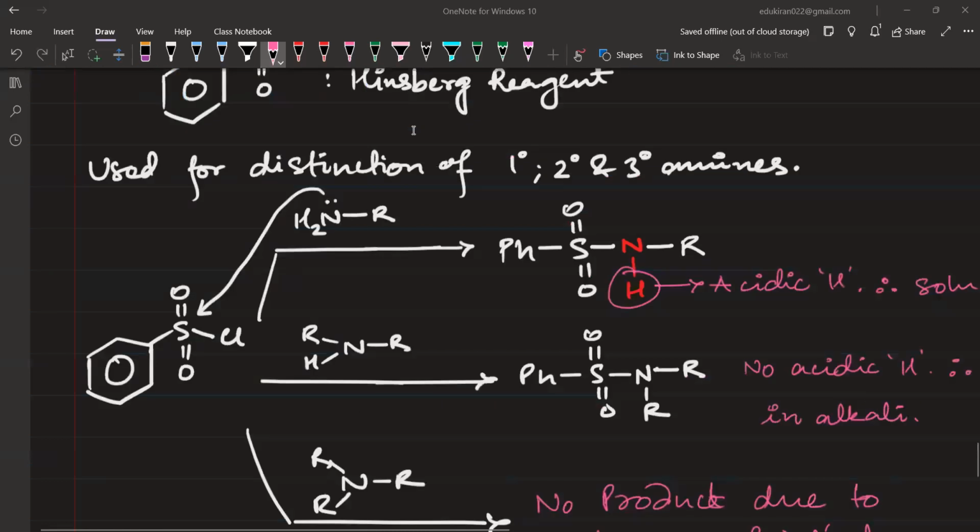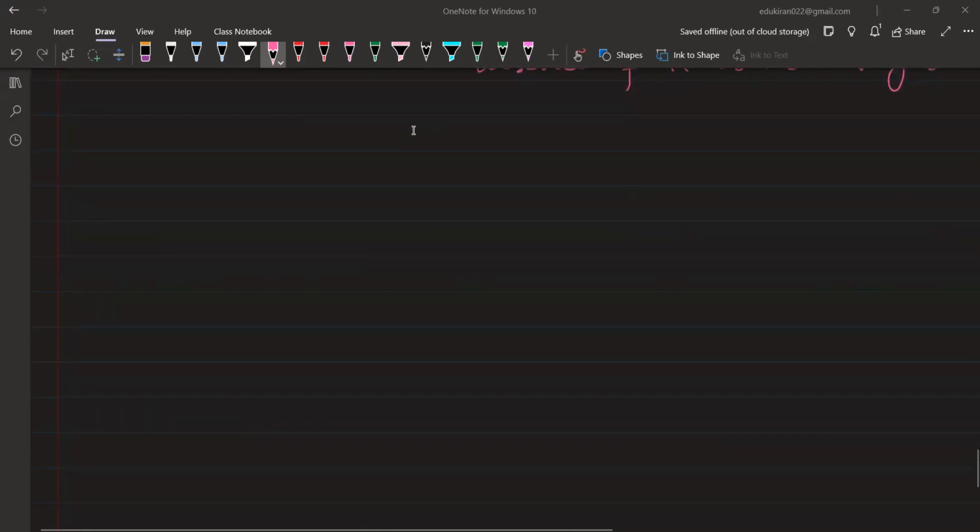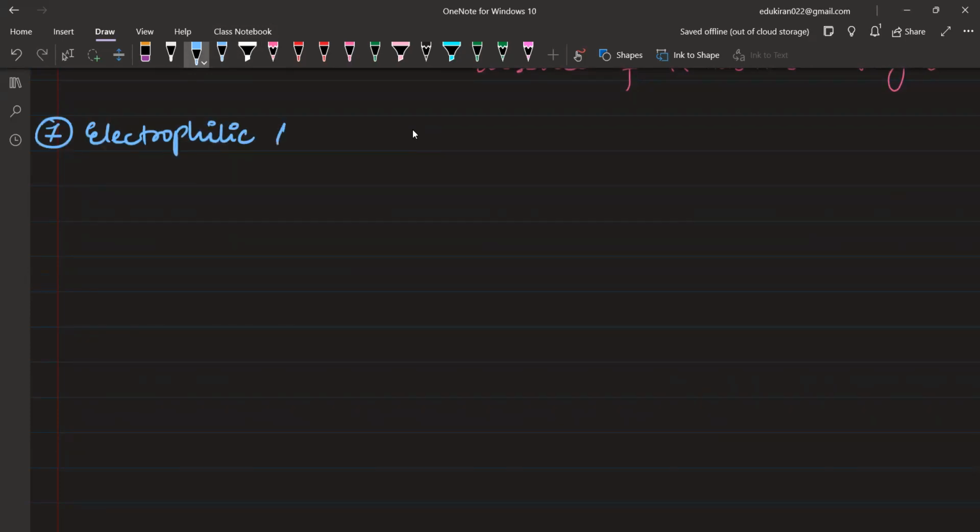After this, write 7th: electrophilic aromatic substitution of aniline. ठीक है.